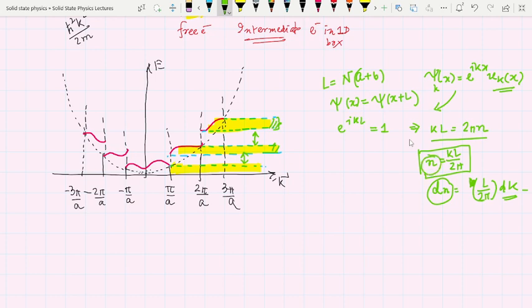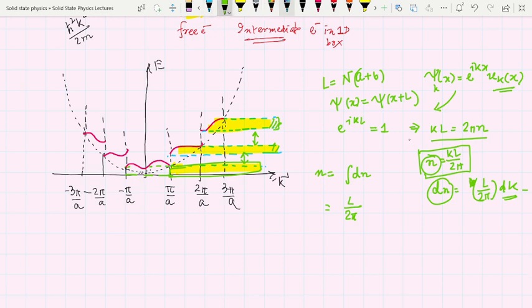So if we want to get the total number N, it is the integration of the elemental dn. So L by 2 pi integrated over k. We are interested in the first band, how many possible wave functions are in this first band.